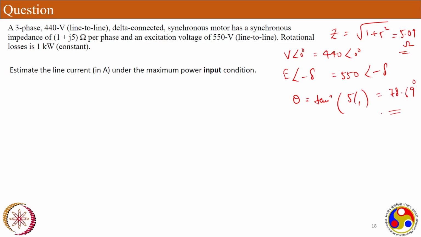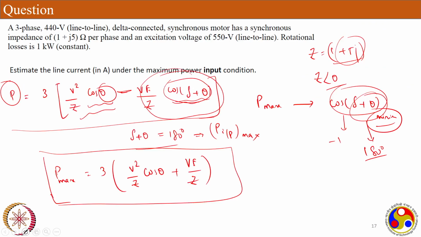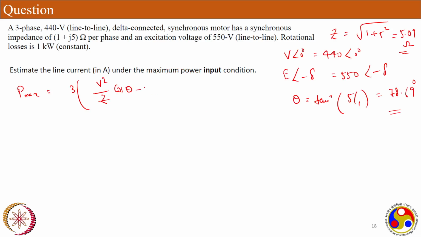Now the expression we have got for P max is 3 V square by Z cos theta plus VE by Z. So let's calculate it. 3 times 440 square divided by Z, 5.09, multiplied by cos theta.